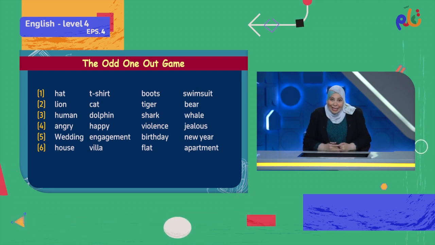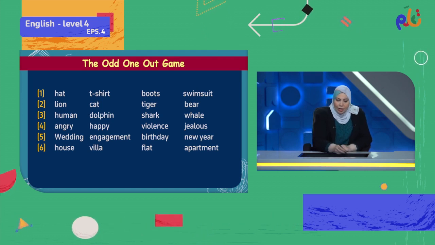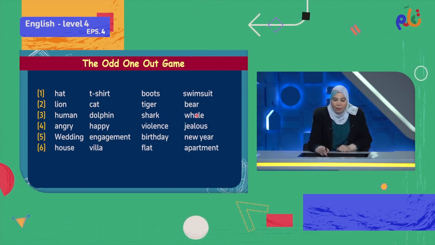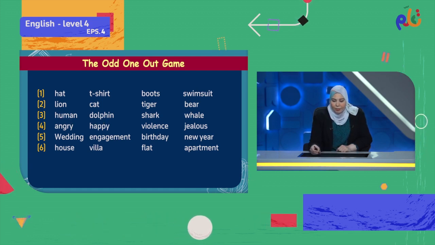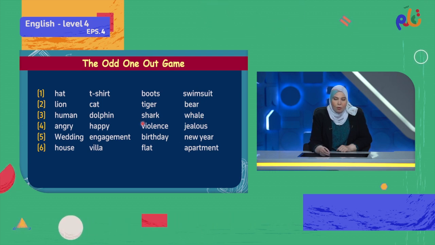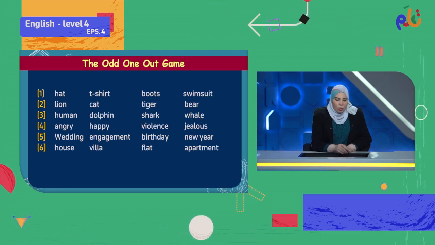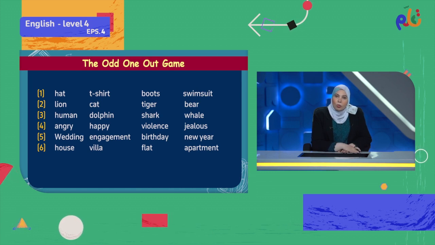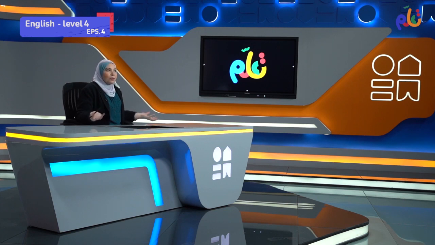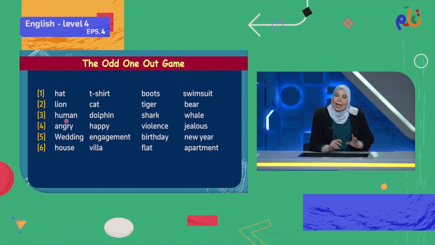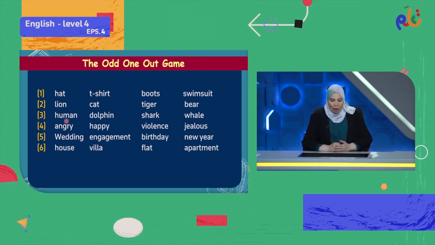So English-wise, language-wise, the 3 of them are the same, but violence is different because we have adjective, adjective, adjective, violence, noun. So for this one, we have two different answers. Maybe it's happy because the clear meaning of happy is different from the rest. It's positive, the rest are negative. Or if we think deeper, language-wise, we have three adjectives and a noun. I will odd the noun out.